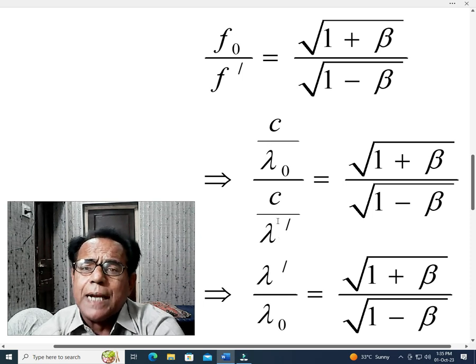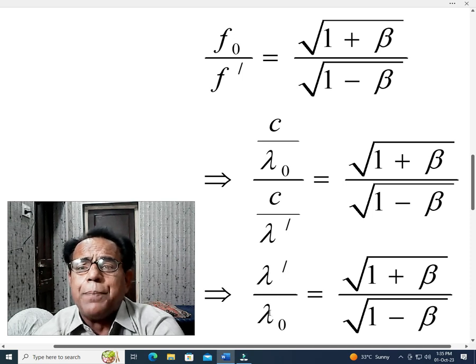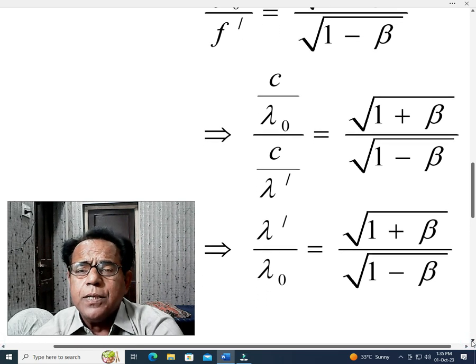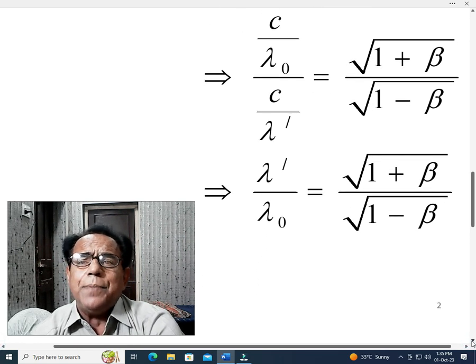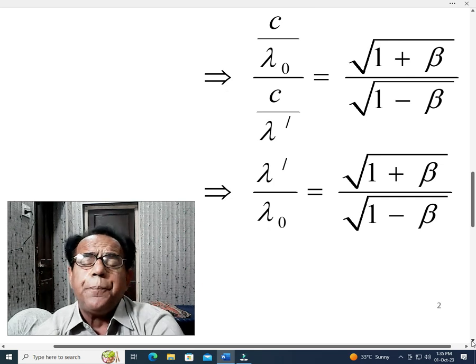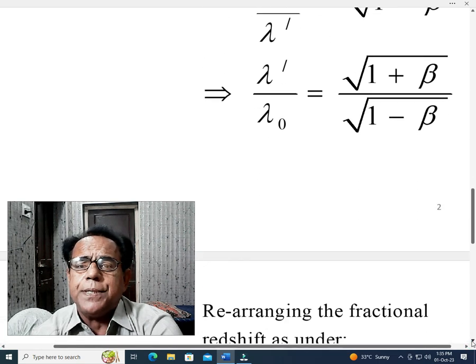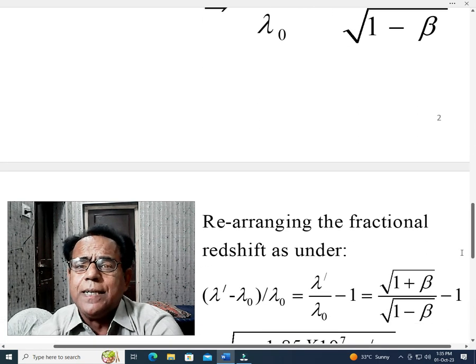Then c will cancel with c, and we will get λ'/λ₀ equal to √((1+β)/(1−β)). Just rearrangement. λ'/λ₀ is equal to √((1+β)/(1−β)). Rearranging the fractional redshift as under.